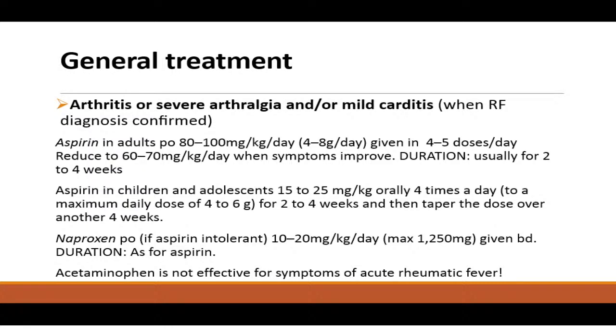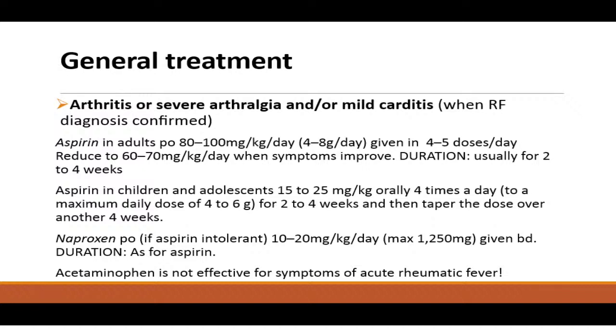We prescribe it not only to decrease fever and pain, but also to control inflammation and the affection of valves. So aspirin in high dosages is most often the treatment of arthritis or severe arthralgia, and we may use it in mild carditis, which is also associated with arthralgia or arthritis.